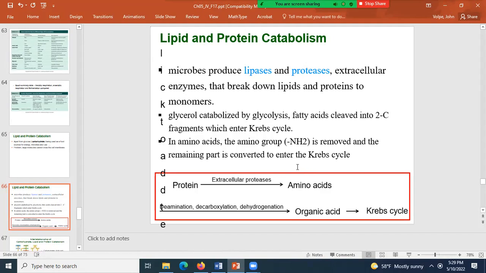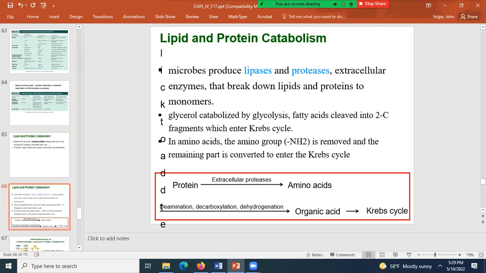Let me notify you that amino acids require an extra step to digest them. The amino group has to be removed. And usually when we do that, we'll convert that amino group into urea and then we'll pee it out.